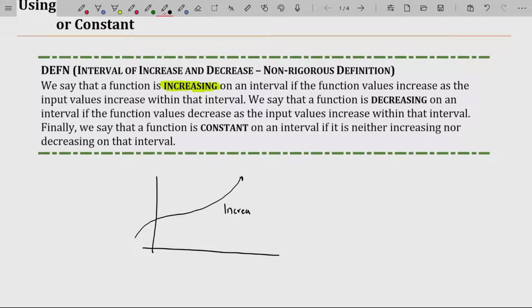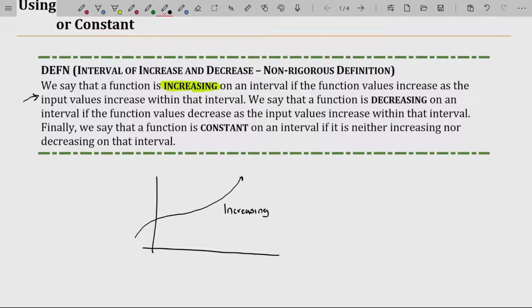Now that's a very layperson's definition, and since you're heading into calculus, is my guess, we want to be more rigorous with that definition. So we've gotten slightly more rigorous with this definition right here, saying that if the function values increase as the input values increase, then we know we have an increasing function on that interval.